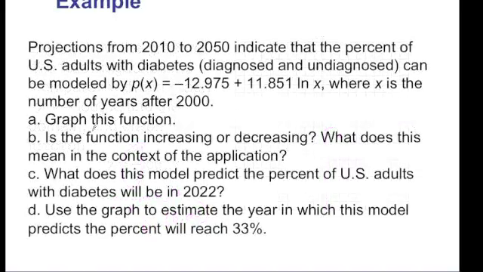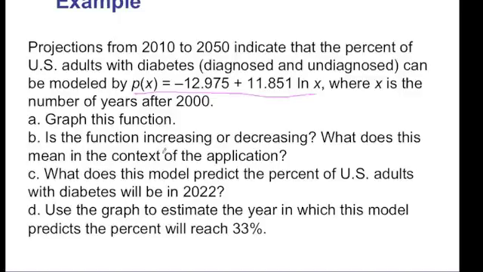Projections from 2010 to 2050 indicate the percent of U.S. adults with diabetes, both diagnosed and undiagnosed, can be modeled by this equation. The percent equals negative 12.975 plus 11.851 times the ln of x, where x is the number of years after 2000. We want to graph this function.